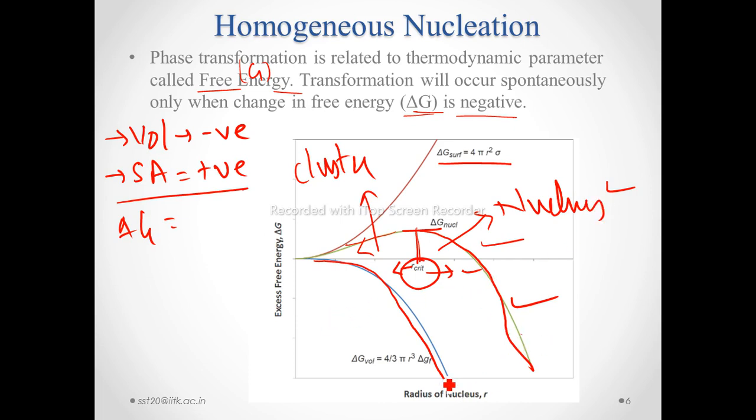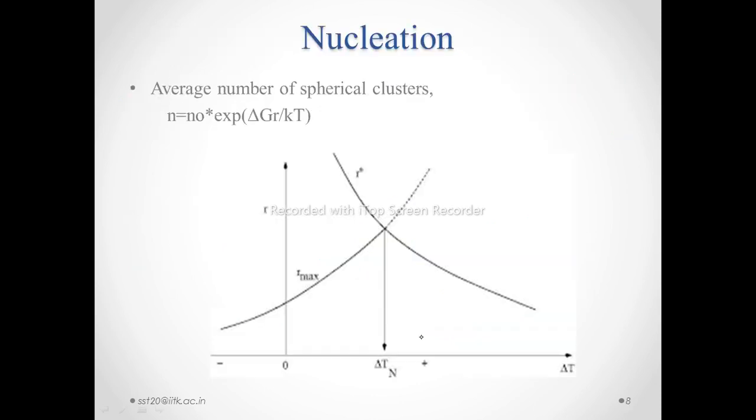So this we have learned in the previous video lecture. Now first we will learn the average number of clusters that are formed in the liquid. If the temperature is greater than Tm, then this expression is valid for all the values of R.